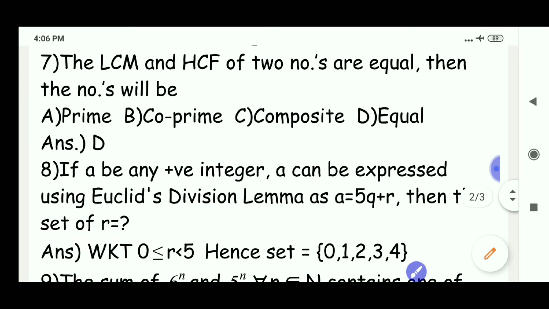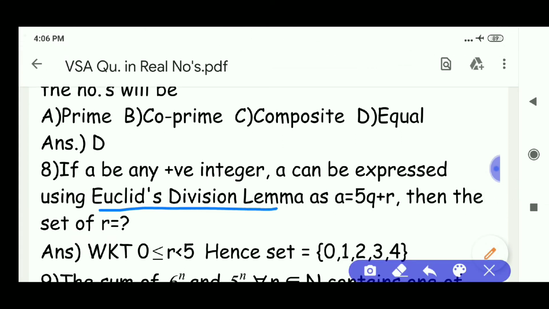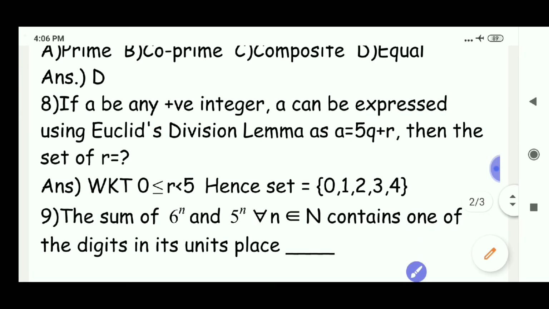We know that by Euclid's division lemma, b is equal to 5. So, the condition for r is 0 less than or equal to r less than 5. Hence, the set of r will be 0, 1, 2, 3 and 4. Now, let us go for the next question.